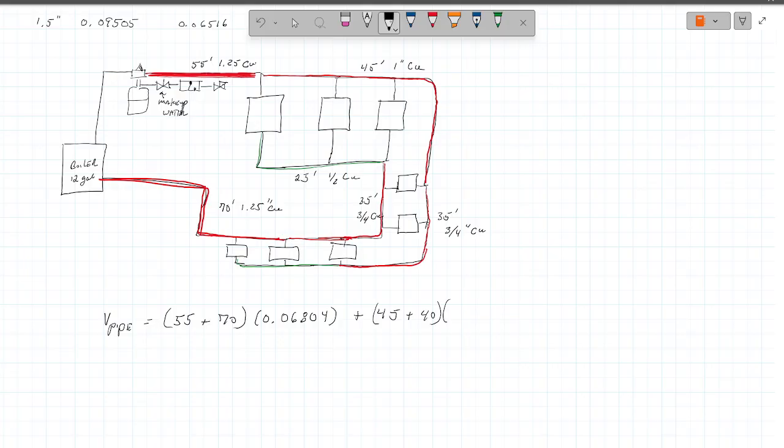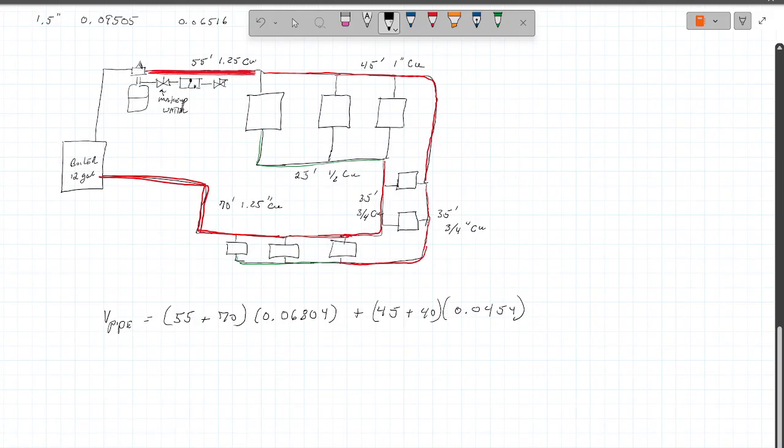And we're multiplying that now by 0.0454 because that's the 1 inch. Oh, it's 1 inch in here, so it's 40 feet of 1 inch copper right through here.